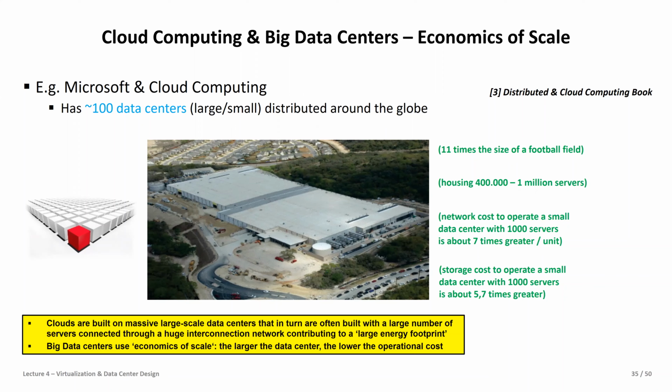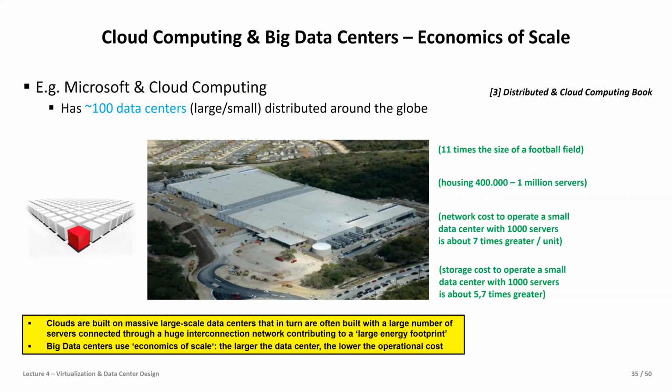We have seen in one of the previous diagrams that it's not going up that much. The interesting aspect of the costs at which these data centers operate is that the larger the data center is, the lower the operational cost, per unit of computing that you provide.